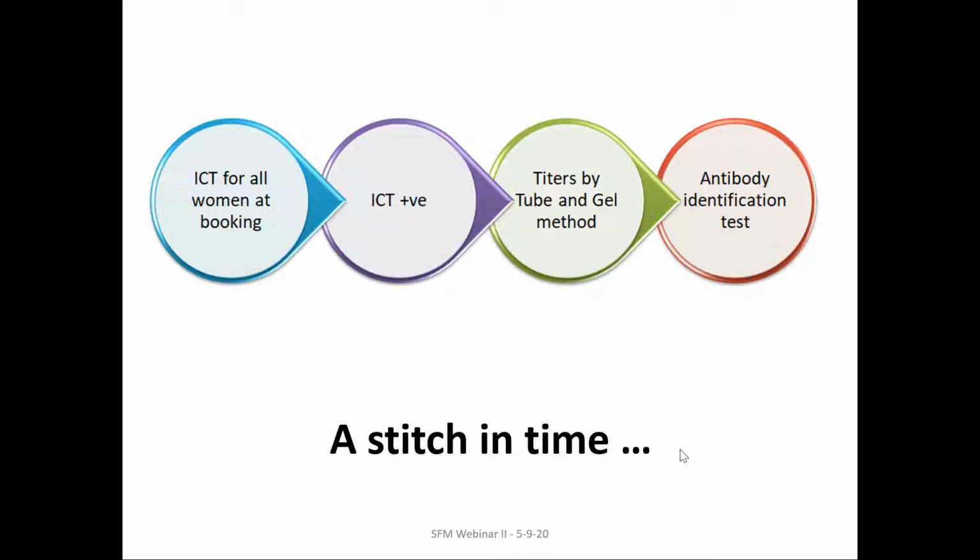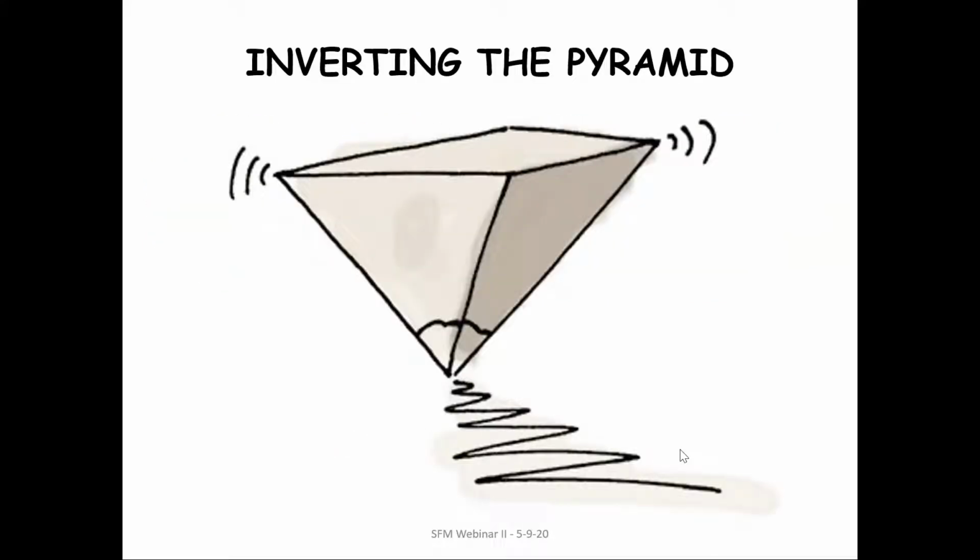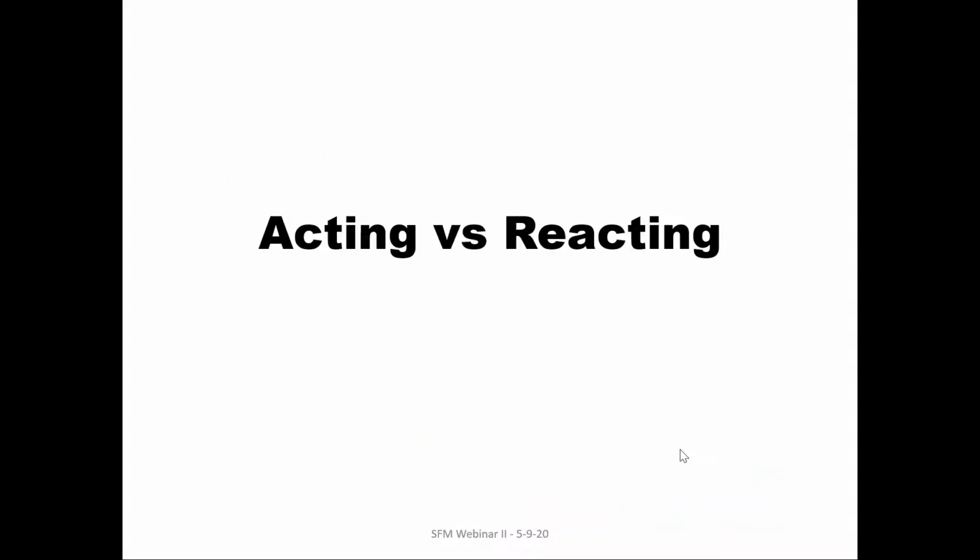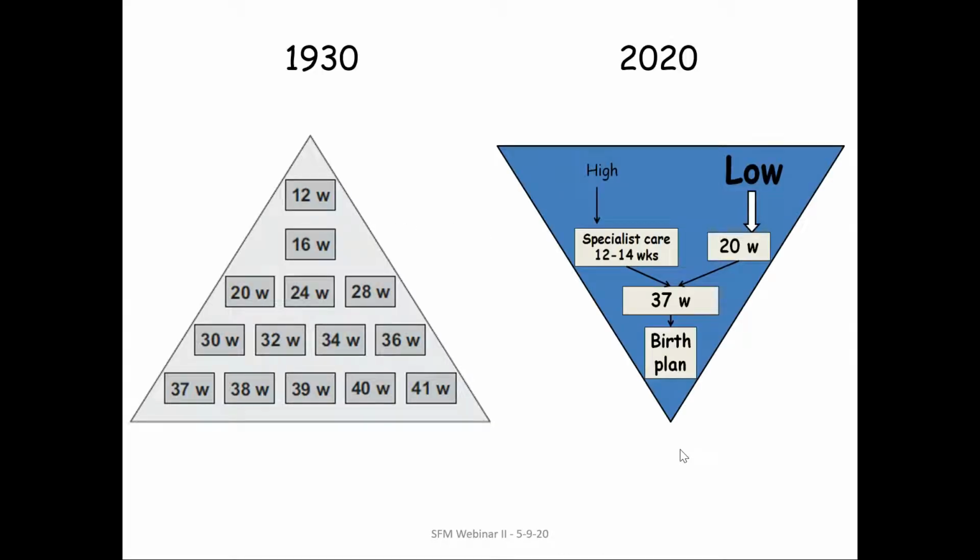Even if you're good at ultrasound, even if you're good at monitoring the fetus by ultrasound, there is nothing lost in doing these at the first visit, because a parallel that you can draw here is to inverting the pyramid of antenatal care. Now, it's a question of acting now versus reacting late, as is the case with inverting the pyramid of antenatal care.